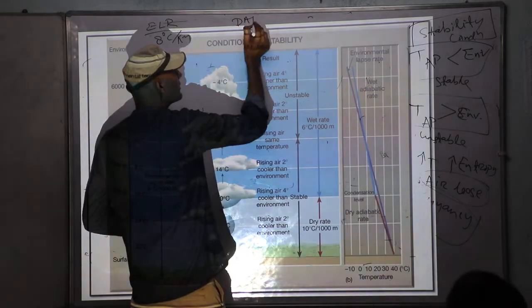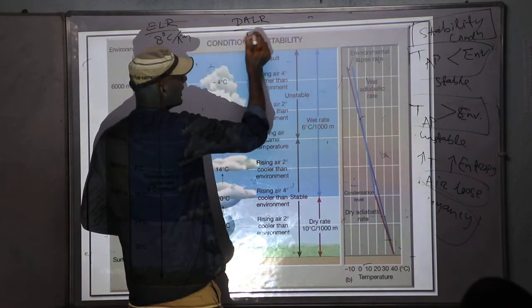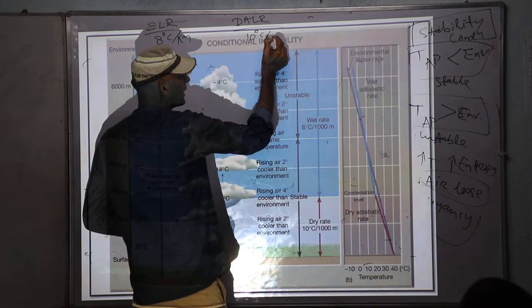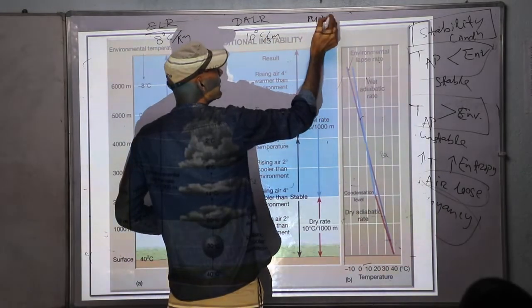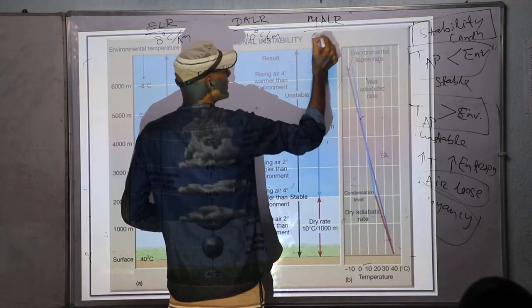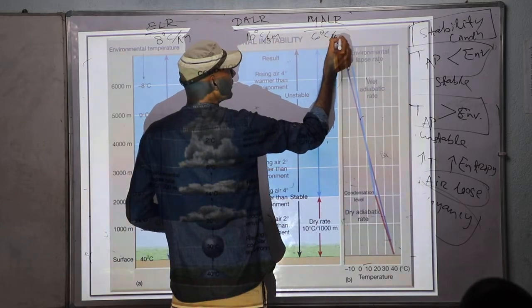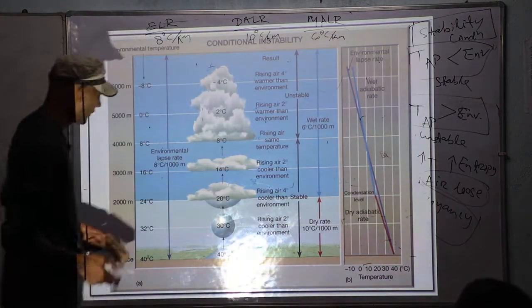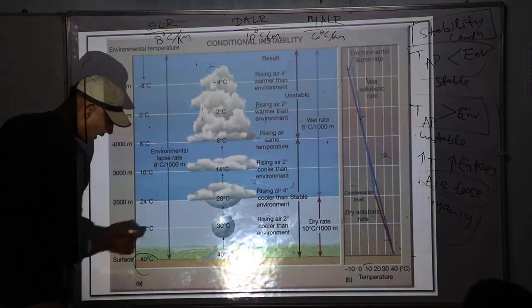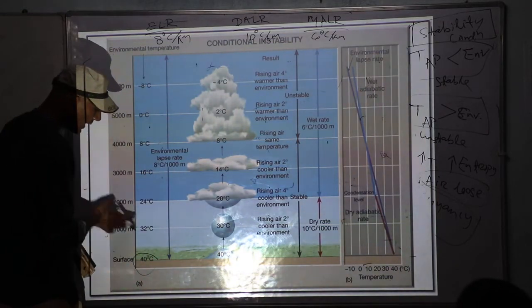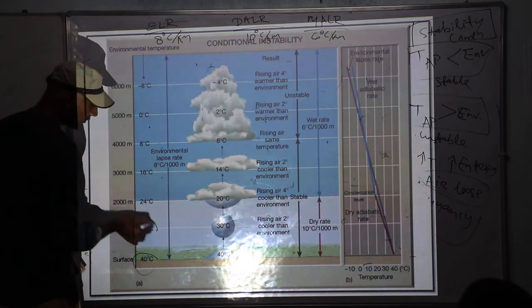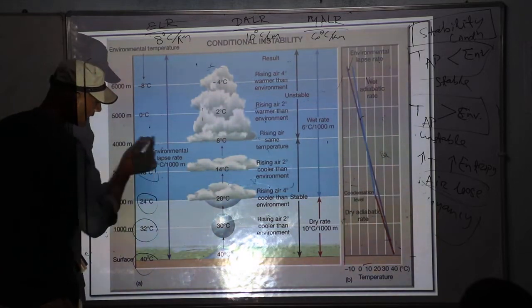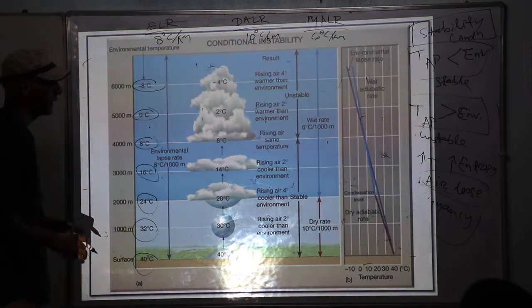The dry adiabatic lapse rate is 10 degrees centigrade per kilometer, that is constant. Moist adiabatic lapse rate is 6 degrees centigrade per kilometer. Okay, so you can see the environmental temperature is 40 degrees centigrade near surface. When it rises to 1 kilometer altitude, that will have 32, then 24, 16, 8, like that.